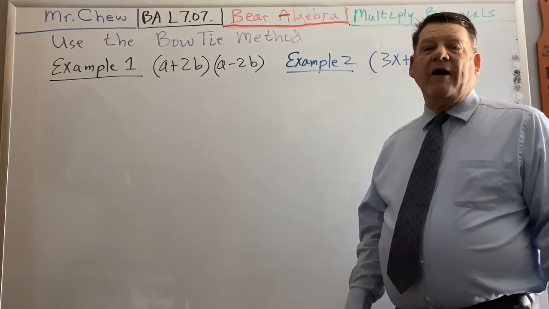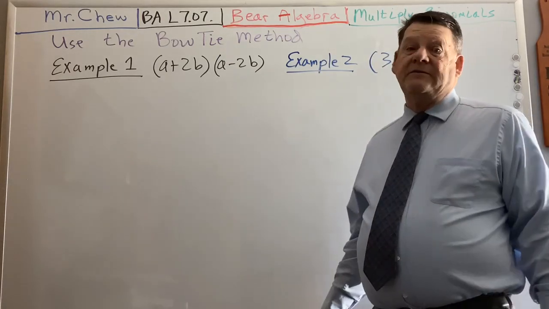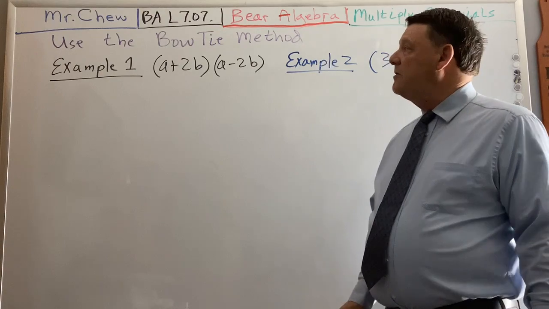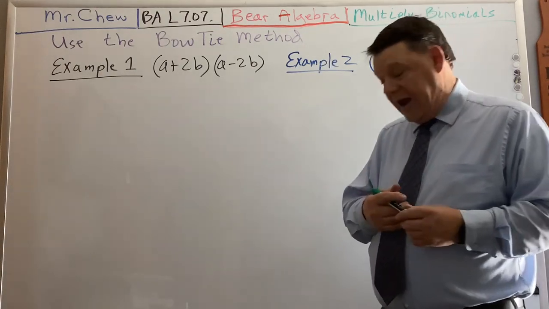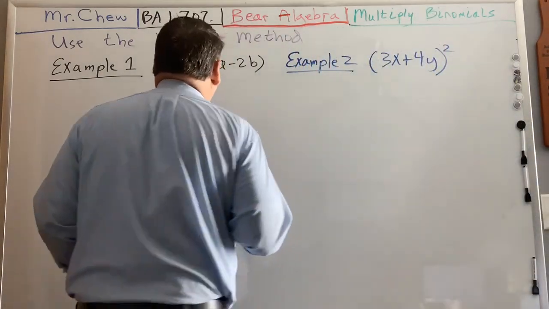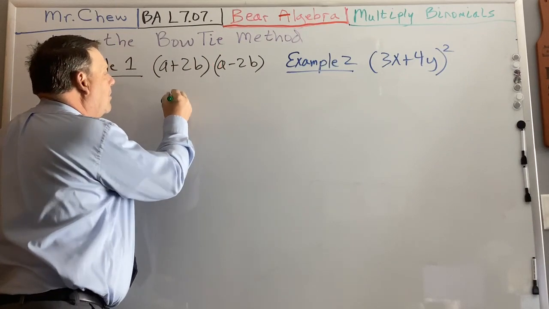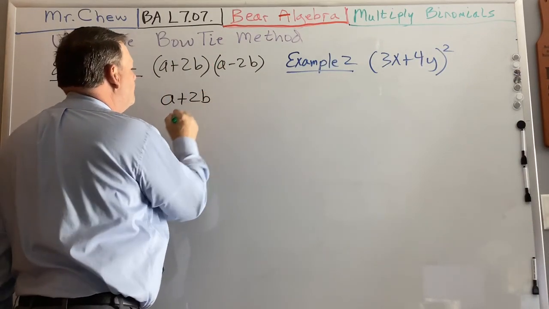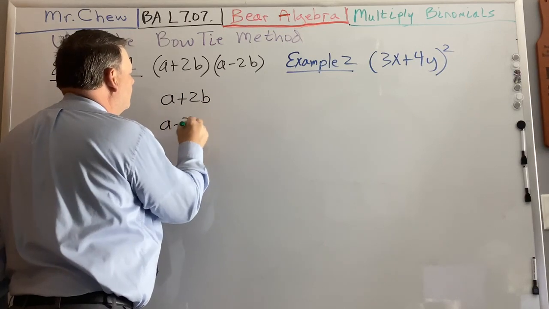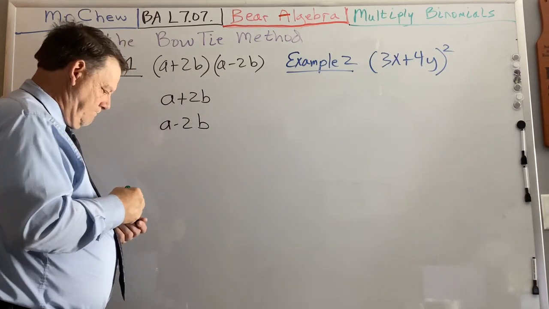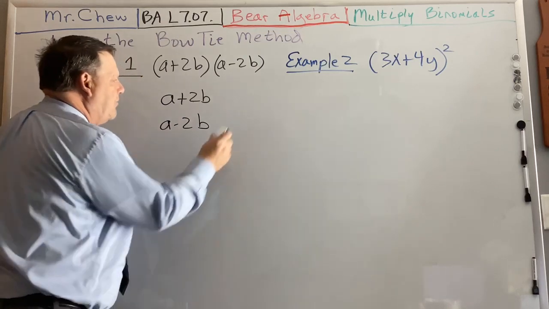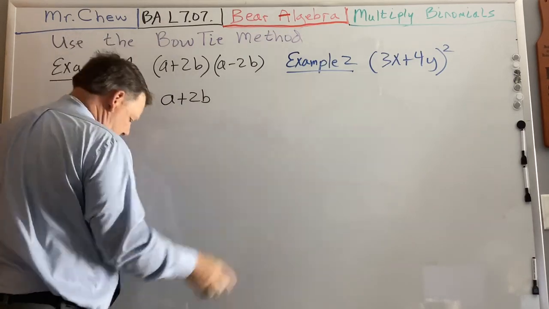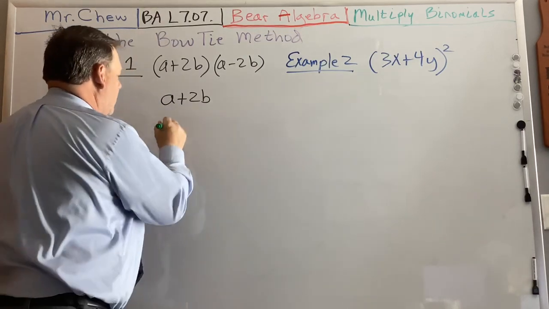The first thing you have to do in using the BowTie method is to make sure you write the problems down underneath each other vertically with a little bit of space in between. That's not quite enough space, so I'll give you a little bit of space to work with here.